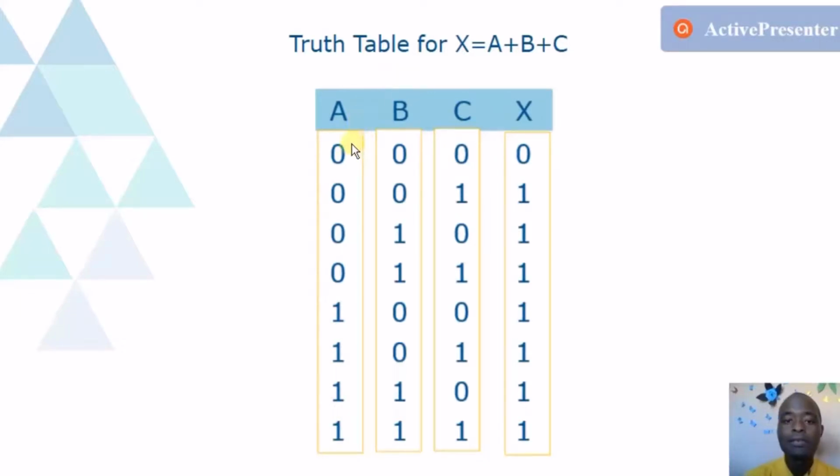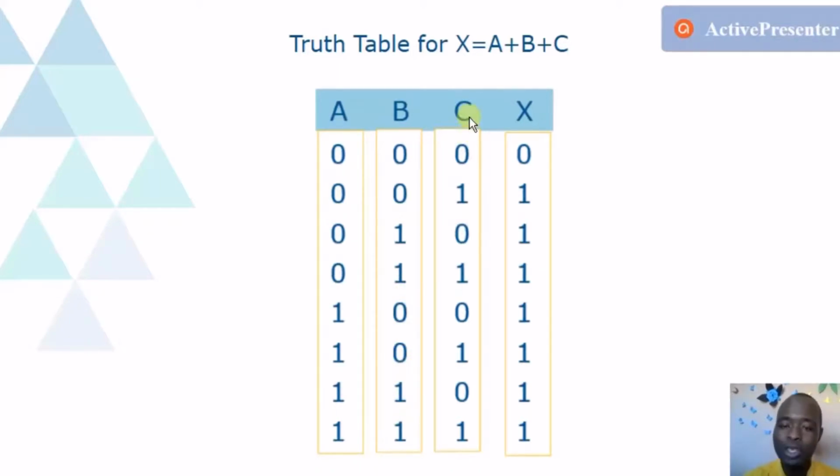Good. You represent the first input, A, as 0, 0, 0, 0, 4 zeros. Then the next ones will be 1, 1, 1, 1, that's 4 ones consecutively here. Then the second input, which is B, you represent it 0, 0, 1, 1, 0, 0, then 1, 1.